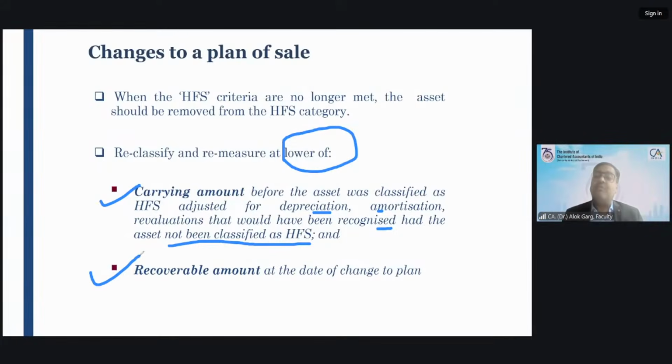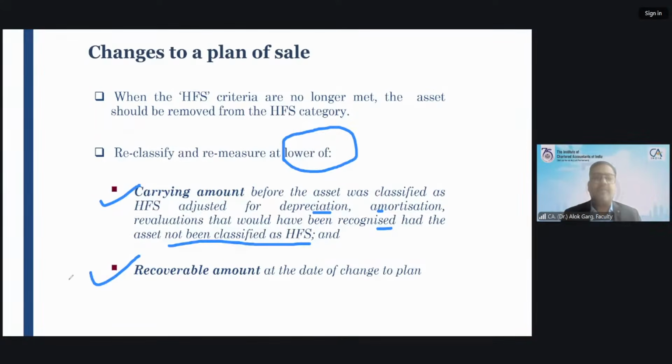Either the value in use and fair value less cost to sell both are given, so you take the higher as the recoverable value, or the recoverable value will be directly given in the question. And the carrying amount, every time you need to compute what it would have been had this asset never been classified as held for sale.